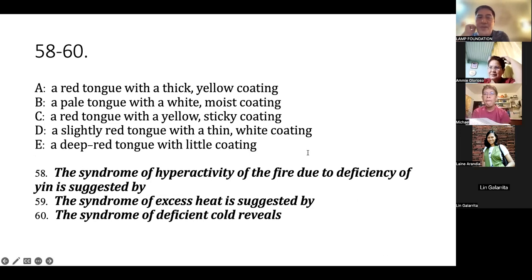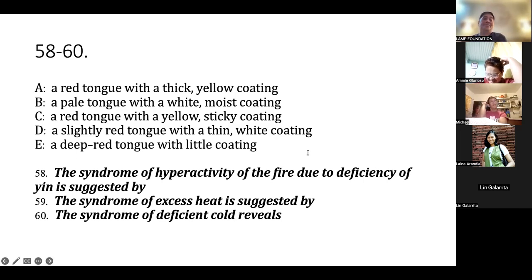Okay. 58 to 60, Ma'am Lynn. Number 58. The syndrome of hyperactivity of the fire due to deficiency of yin is suggested by letter A, a deep red tongue with little coating. Paulit-ulit lang yan eh. Number 59.